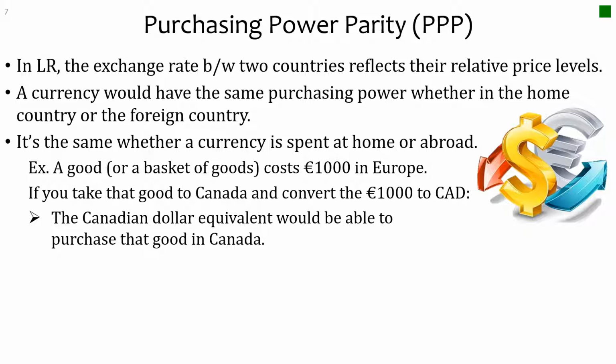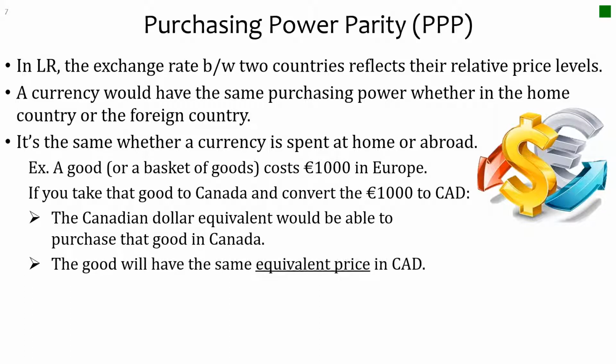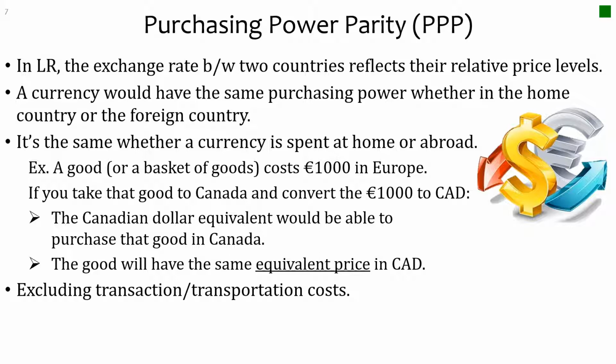So in other words, it doesn't make a difference whether you spend that money in Europe or you spend the same money in Canada. The good will have the same equivalent price in Canada, okay, once you convert it. And this is theoretical, so it's excluding transaction and transportation costs, right? It is theoretical, but it's an important concept. So the logic behind it is fairly important and also very straightforward.